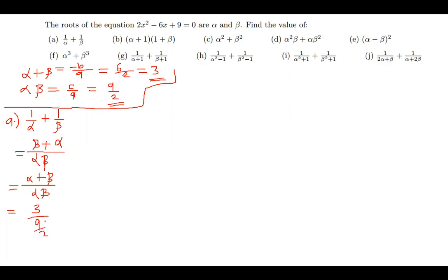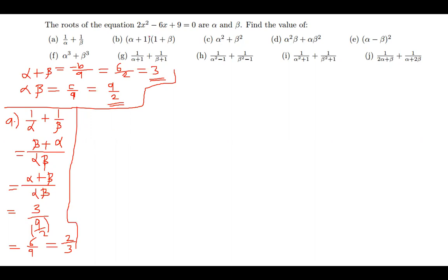Then it's just a matter of dividing. When you divide 3 by 9 over 2, this is the same as 6 over 9, if I'm not mistaken, which is just the same as 2 over 3. So this is the answer for the first part.